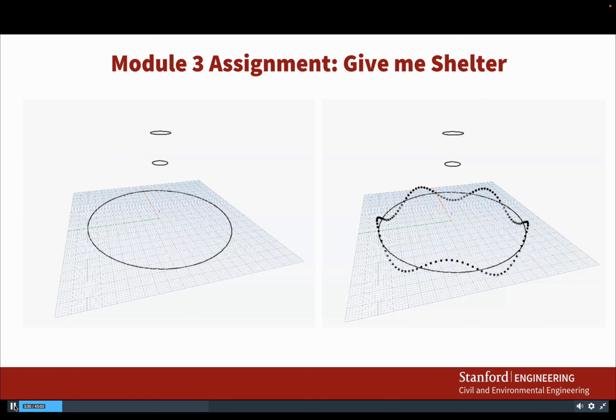I could give some heights to the base circle, in this case the picture on the right, to create that shape that we saw earlier. Of course, try to leave everything parametric so you can play around with the amplitude and number of waves.